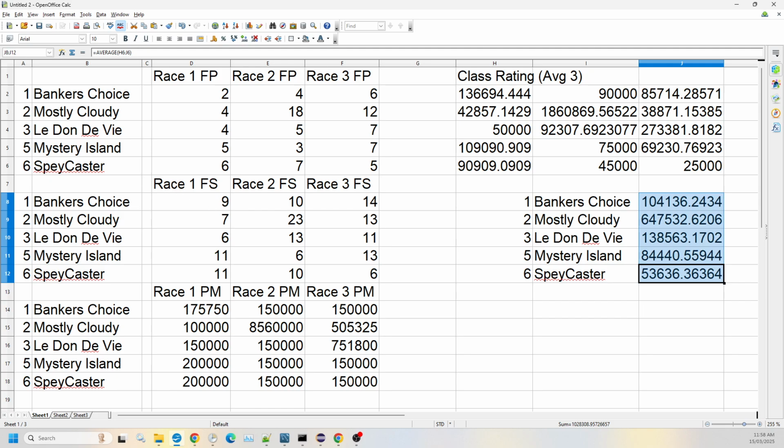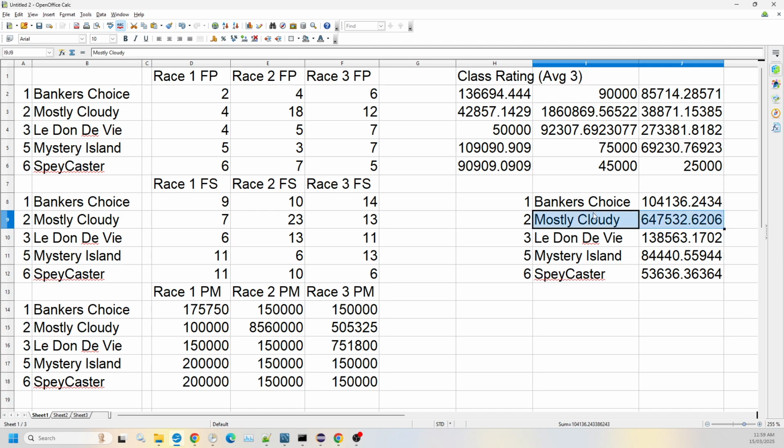Now you can sort this. If we do have a look at this and we're looking for the one that's on top, we've got a 53 and 84,000. There's 138,000 there, a 647,000 there, and 104,000 there.